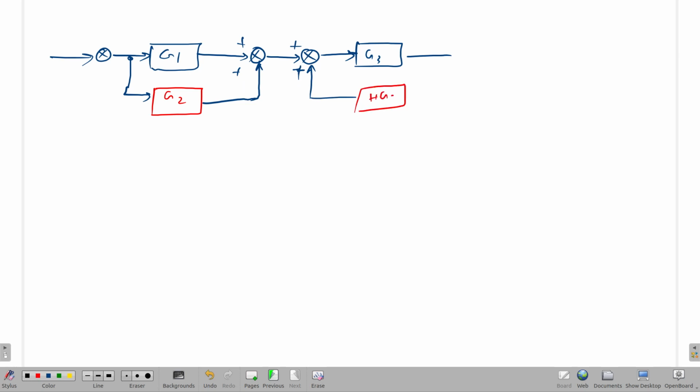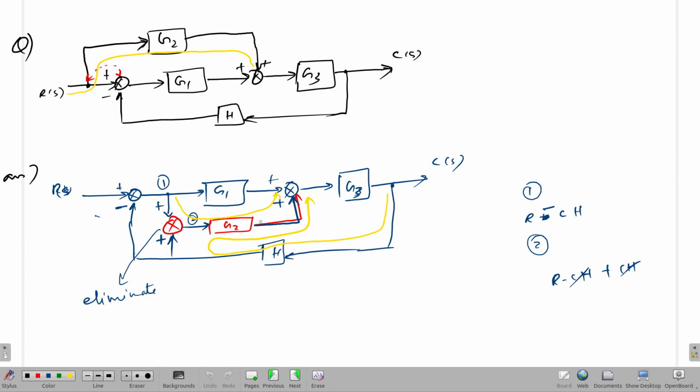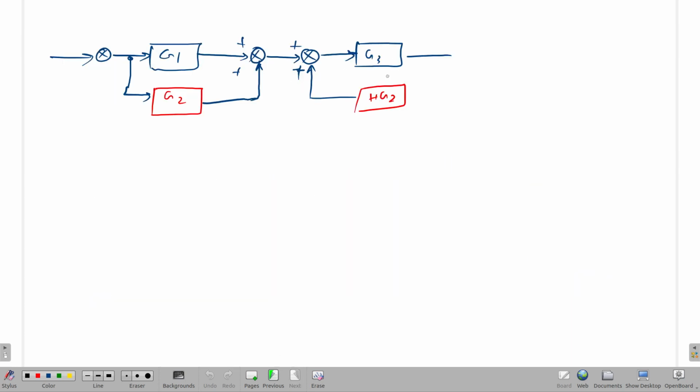Here we are giving HG2 because look at this path, H into G2 is there, so we are compensating with HG2 instead of just H. And there is no change in this feedback.